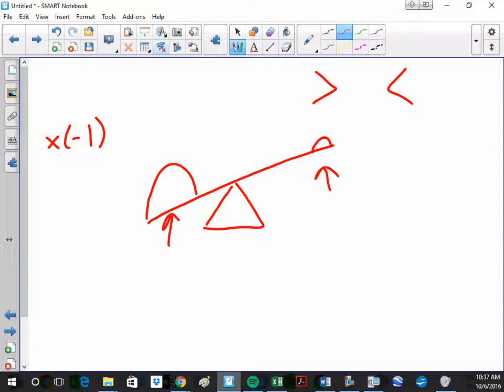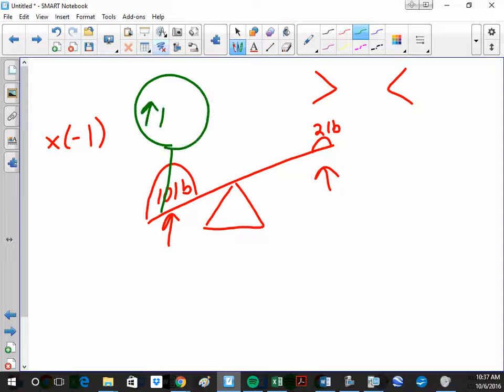So let's say on the left side I had 10 pounds, on the right side I had 2 pounds. What happens when I turn that negative? This now becomes an upward force 10-pound balloon. And on the other side, we have an upward force 2-pound balloon.